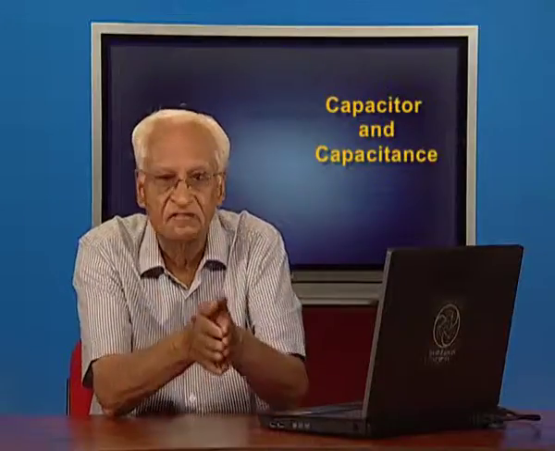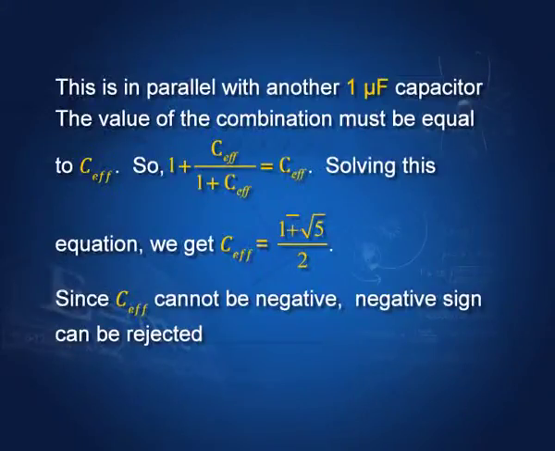Capacity cannot be negative, and therefore, we accept the value (1 plus root 5) by 2. So, this infinite system of capacitors of 1 microfarad each has the capacity equal to (1 plus root 5) by 2. The negative sign, of course, has been neglected, because the capacity cannot be negative.